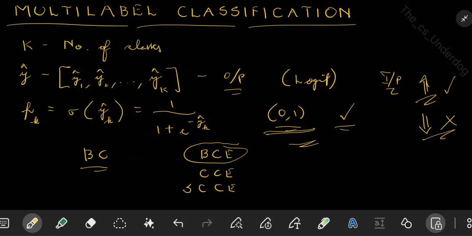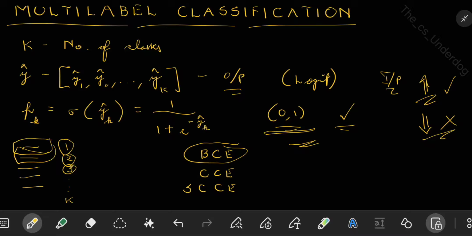What we are going to do here is, we are going to see this multi-label classification as a set of binary classifications corresponding to each label k. That is, you have class 1, class 2, class 3 up to class k. For each label, you will take it as a separate binary classification problem.